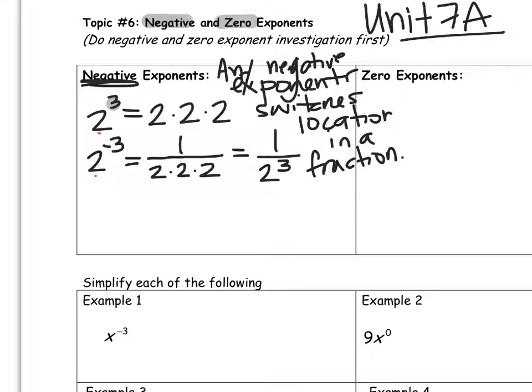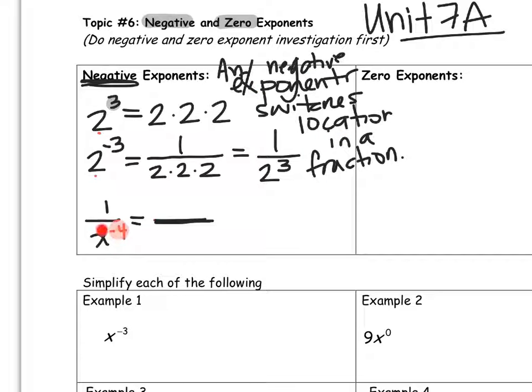What if I had the number, we're going to say 1 over x to the negative 4th power. All right, so I have a negative exponent, right, negative 4, but it's in the denominator of a fraction. So when I rewrite my answer, and this is what we wrote above, we said any negative exponent switches location in a fraction.